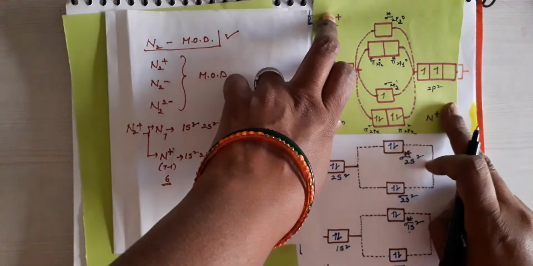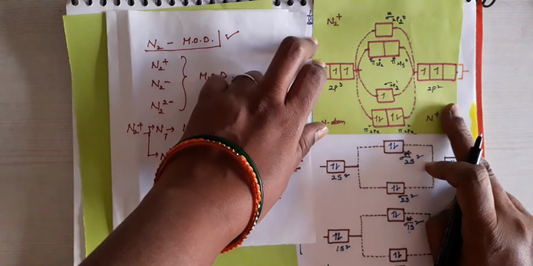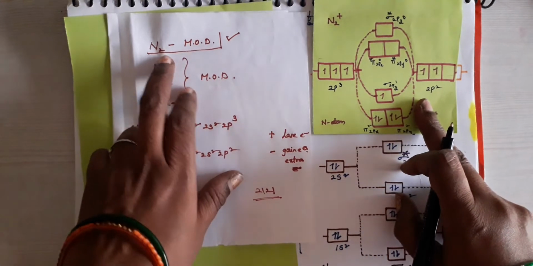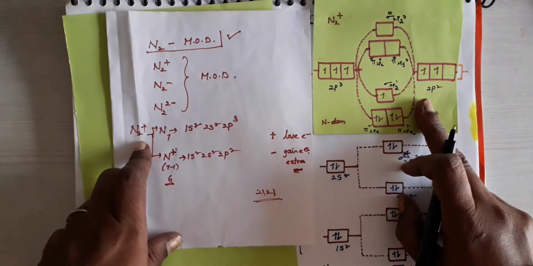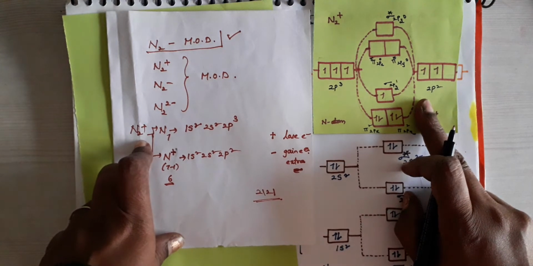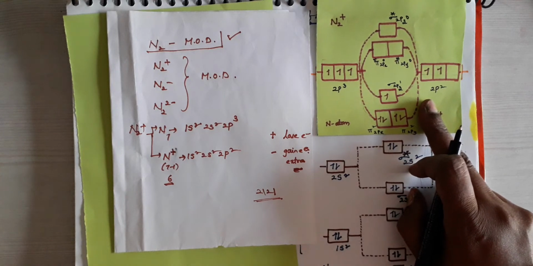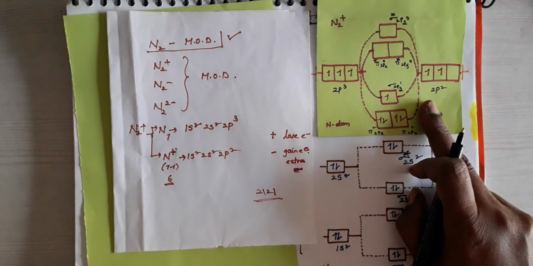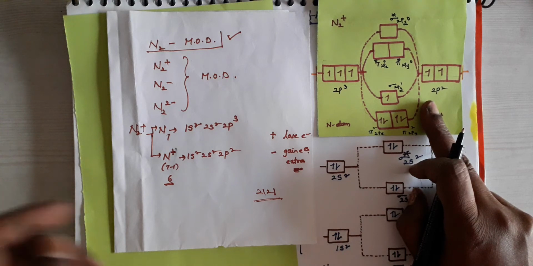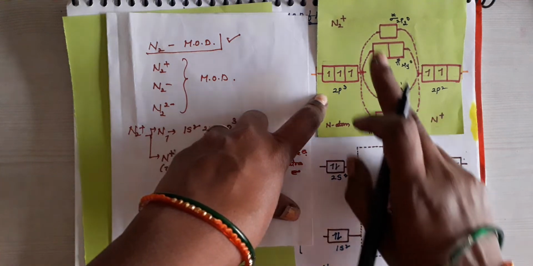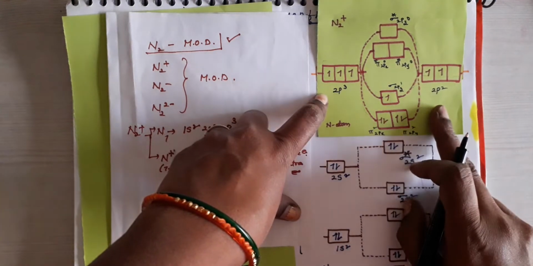In the previous class I clearly explained the nitrogen atom, N2. Here I am explaining the nitrogen ions, so I am going somewhat fast. If you want, see my last video and you may understand easily. This is for N2 plus.